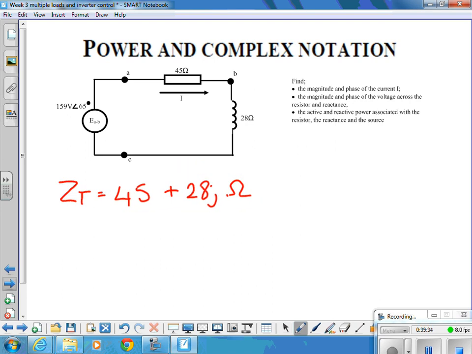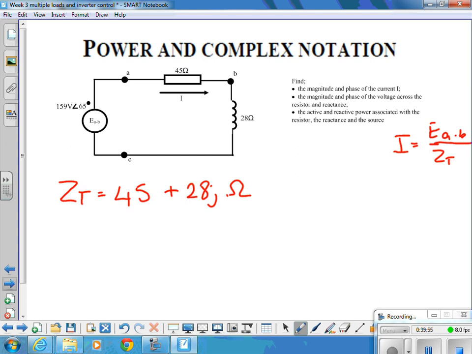Now we're going to want to be calculating I is V over ZT. Let's just correct that: EAB over ZT, that's what I labelled the diagram up as.